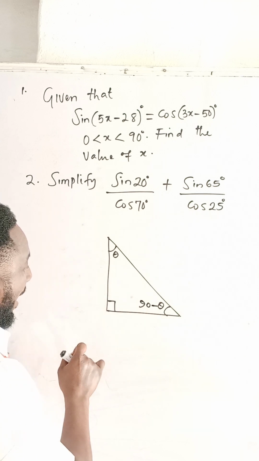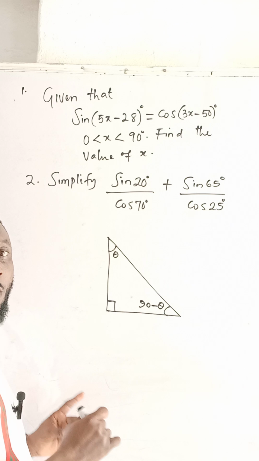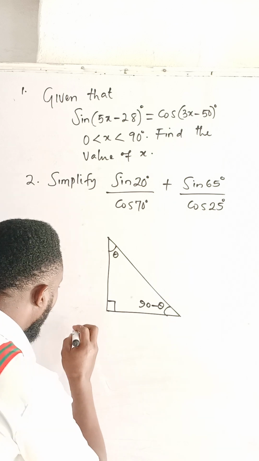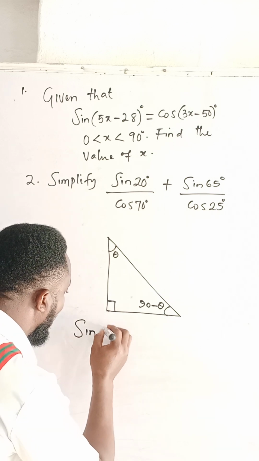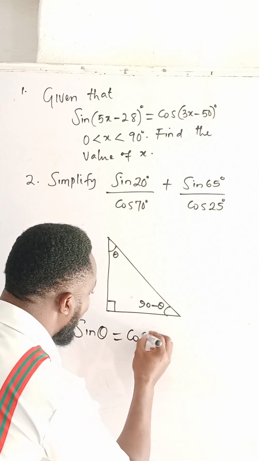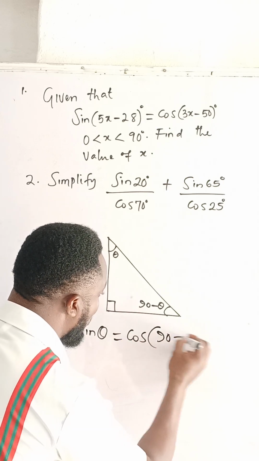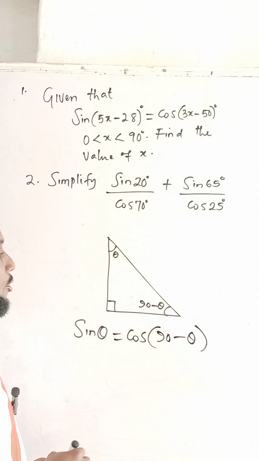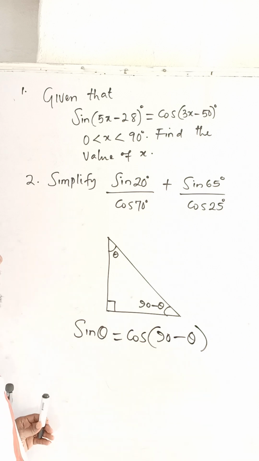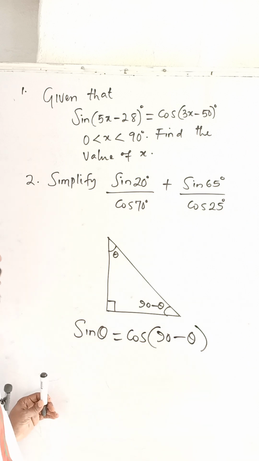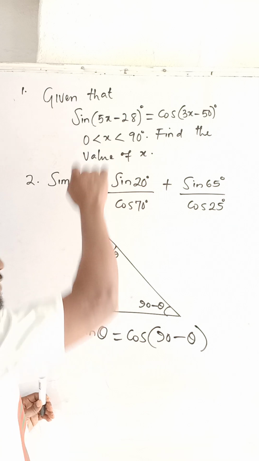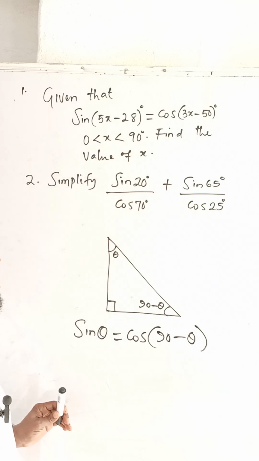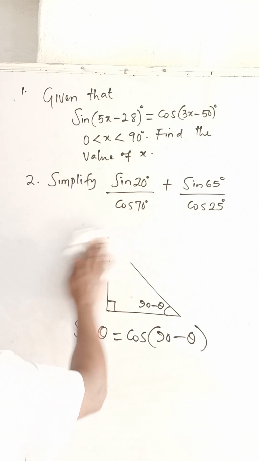So I can write it in terms of sine and cosine, which are complementary. I can then say that the sine of angle theta is equal to the cosine of 90 minus theta. So this is the complementary angle property. Hence, I call this first question a complementary equation on trigonometry.